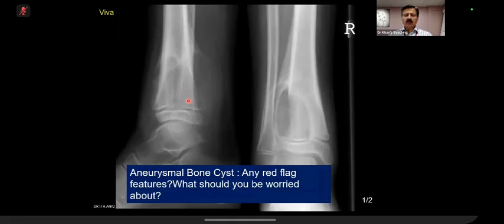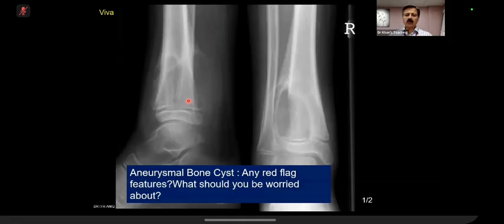So the key thing is that literature will tell you that plain film is very important. Look at the margin of the lesion and go back to your basics. Whenever you see an aneurysmal bone cyst, look at the margin of the lesion. At some points, the margin of the lesion will have a narrow zone of transition.